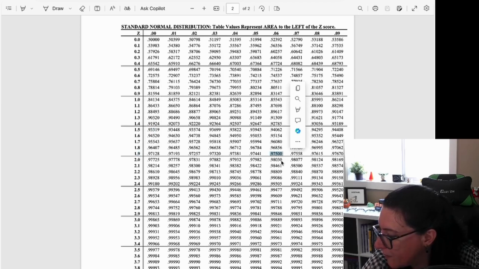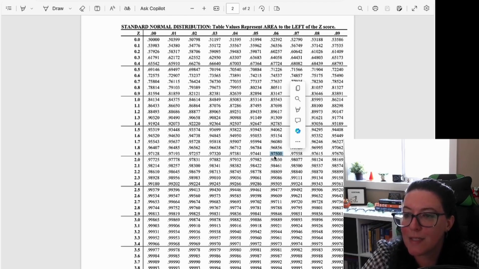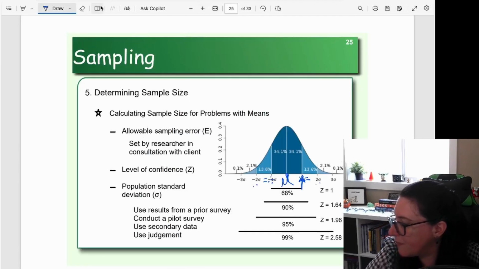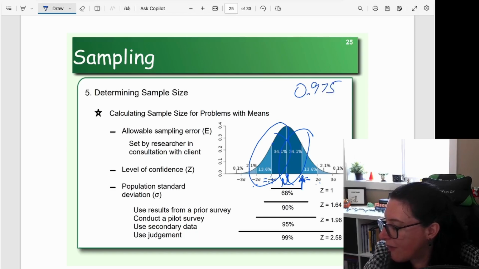With 1.96, what you see is 97.5 here. What that tells you is that everything to the left adds up to 0.975.